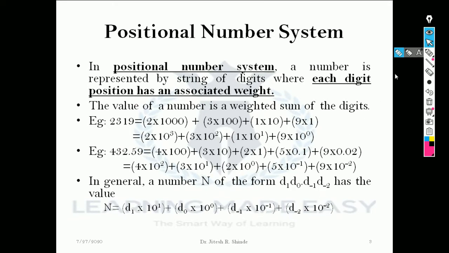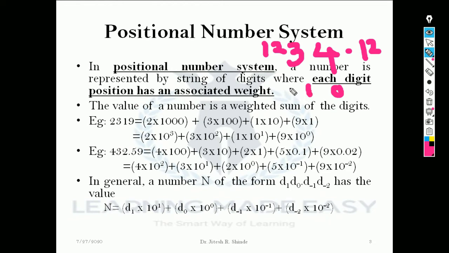If the number is, say, 1, 2, 3, 4, how will the numbering be done? Moving from the decimal point towards the left, the positions are numbered 0, 1, 2, 3.